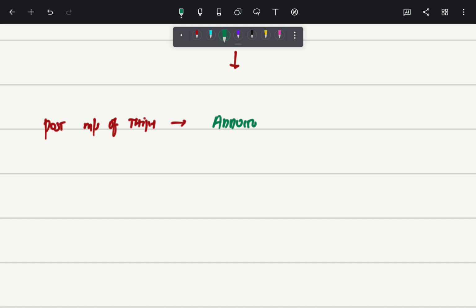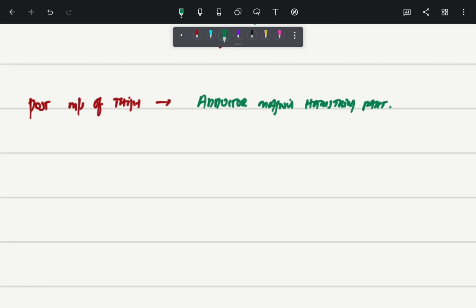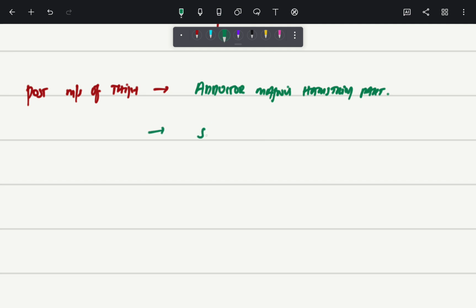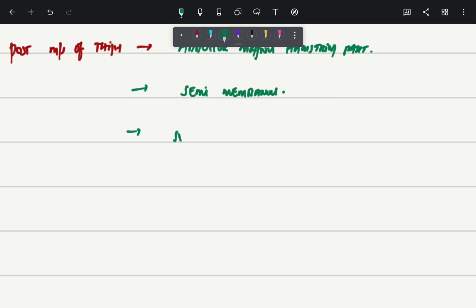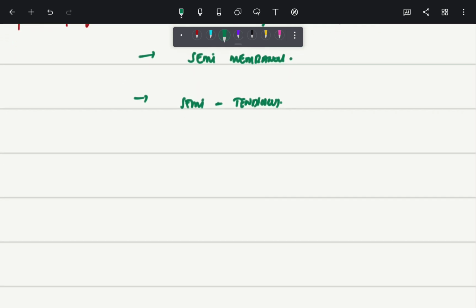Adductor magnus, hamstring part, and not only that, we have the semi-membranous, semi-tendinous muscle, and the biceps femoris.